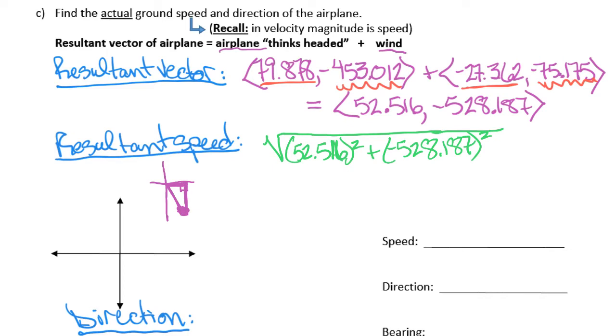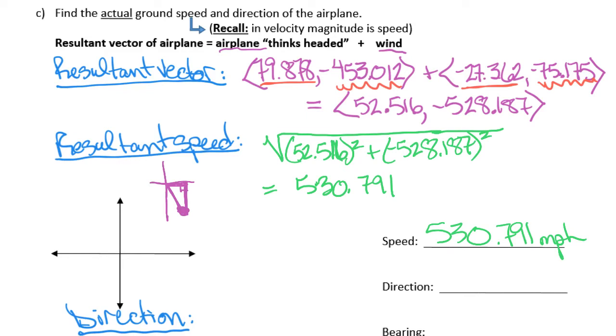And crunching that out in my calculator, we get 530.791. Okay, so that's my resultant speed. I can throw that in here right away. 530.791, and that's miles per hour.